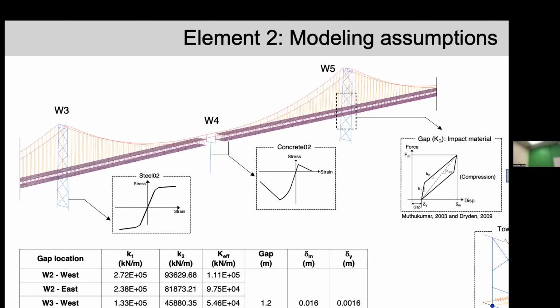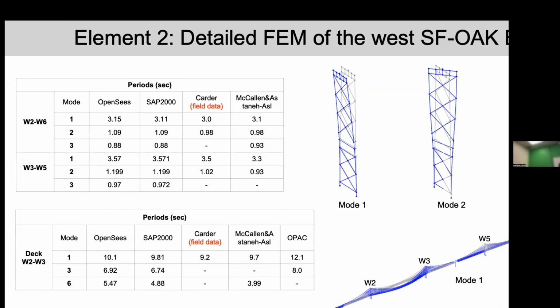Now, how did we verify, after this big modeling effort, that the bridge model we constructed was actually reasonable? We utilized the data available in the literature; mainly we made reference to other available models, but also to field data, and also to a report, OPAC, and some of you may remember that it supported the work that was done for the retrofitting of the Bay Bridge.